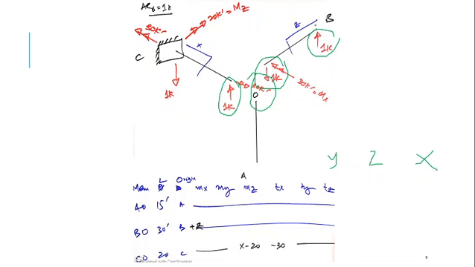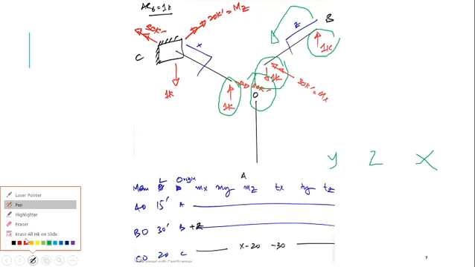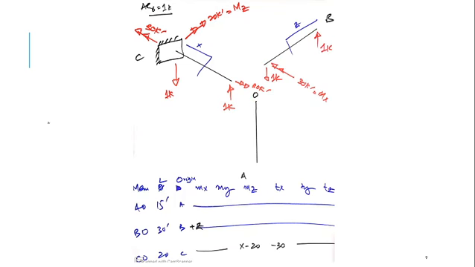Why? If you move this reaction towards this support, it forms an anti-clockwise moment. Let me clear all these things, because I have to reiterate every time. You are not so good with your directions and you should be practicing a lot with them, because these directions are all very important in this course.